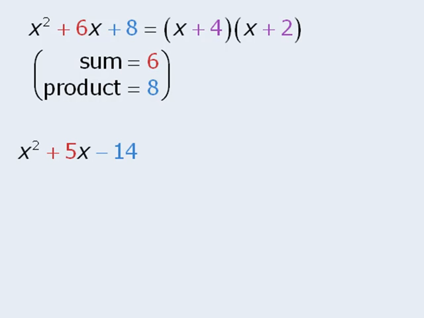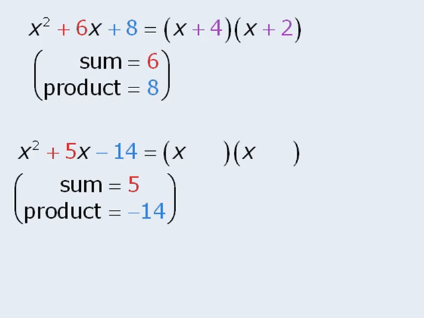Okay, how about another example? Once again we have this familiar form, so the factorization will look something like this. Here the clues for the two missing numbers are that they add to 5 and that their product is negative 14. Now notice that the product of the two missing numbers is a negative number. If the product of two numbers is negative, then one number must be positive and the other number must be negative.